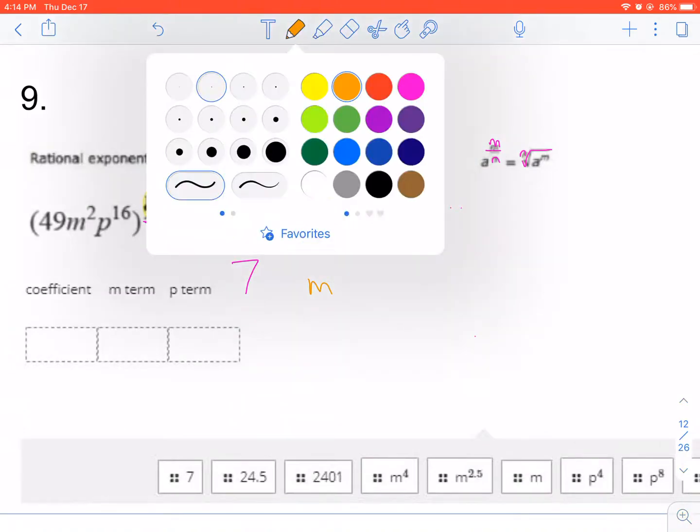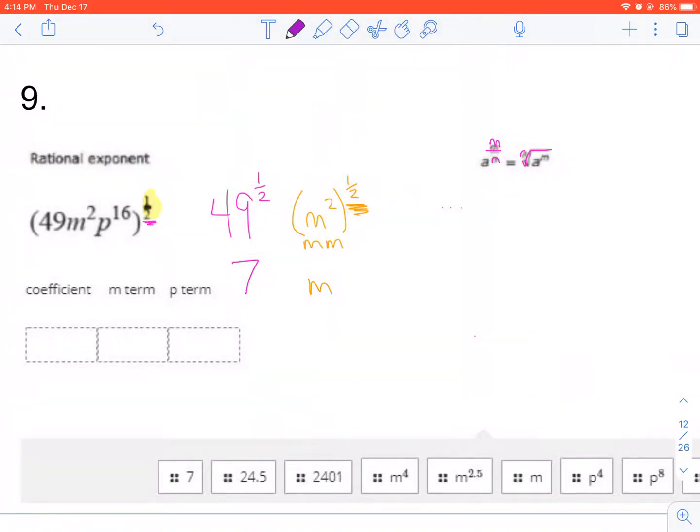And then when we go to our p's, we would have p to the 16th power that we want to do to the power of half. So if we have 16 p's, 1, 2, 3, 4, 5, 16 p's, and I want to write half of those, how many p's would I write?